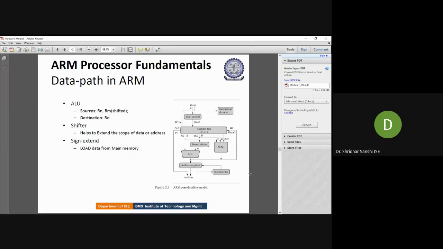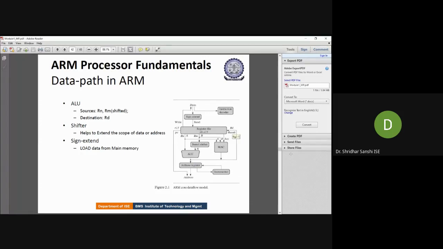After performing the pre-processing of the instruction, it can be given to the ALU. Otherwise it goes directly if no pre-processing is required. The input for the ALU will be RN and whatever data comes from the barrel shifter. After executing the instruction, it will write back the result to the register RD.